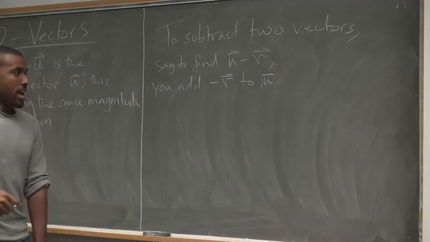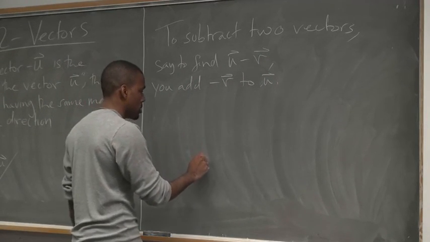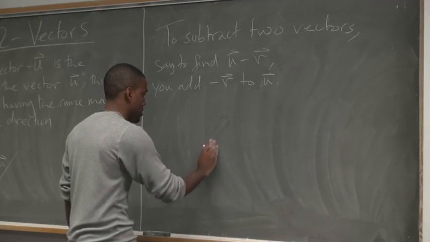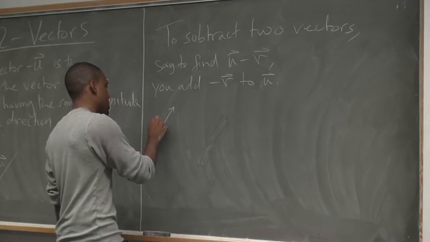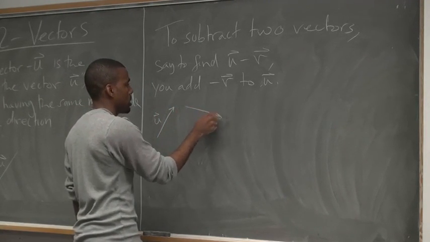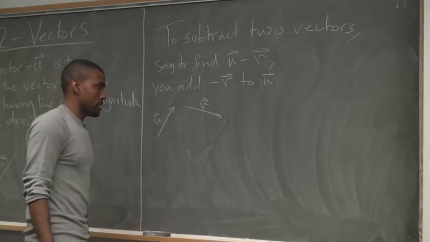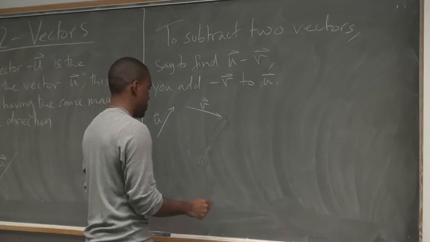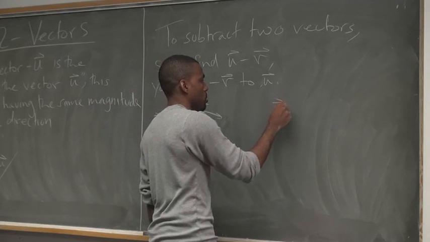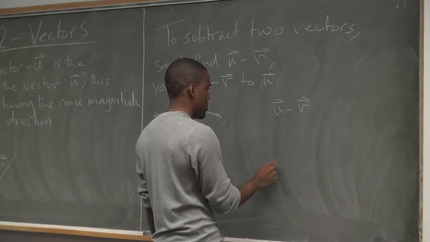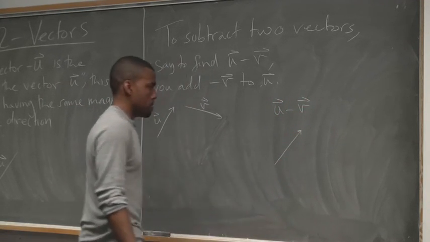you're thinking of adding the negatives. So let's say u is like this, and v is like that. Then u minus v would be, your u is like this.